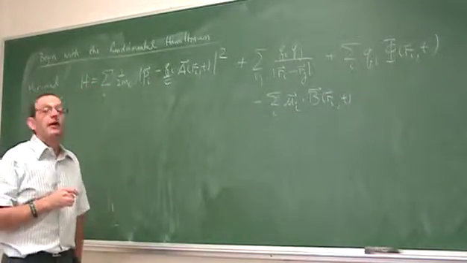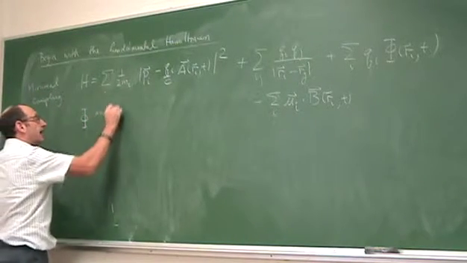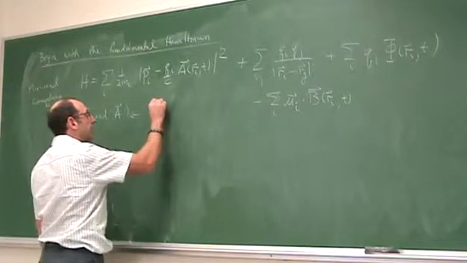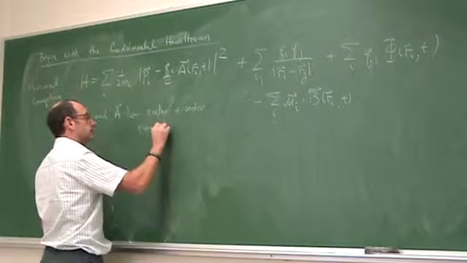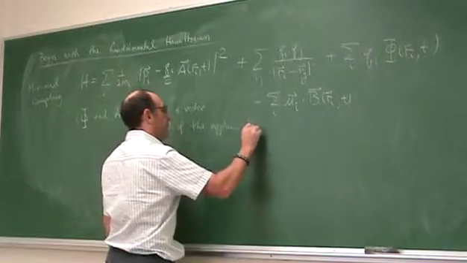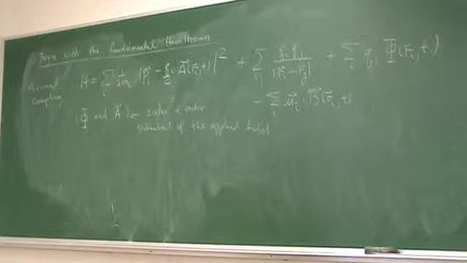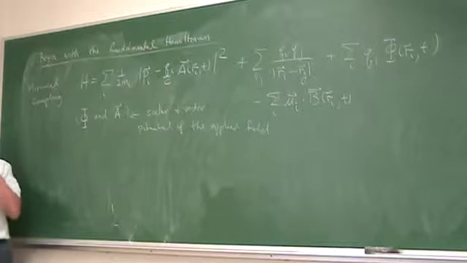Okay, so this is the fundamental Hamiltonian where phi and A are the scalar and vector potential of the applied field. Whatever field is in it, other than the intrinsic field of the charges themselves, if I'm shining light on the system, or putting a magnetic field on the system, or putting a microwave on the system, the A and phi are the scalar and vector potential associated with those fields.